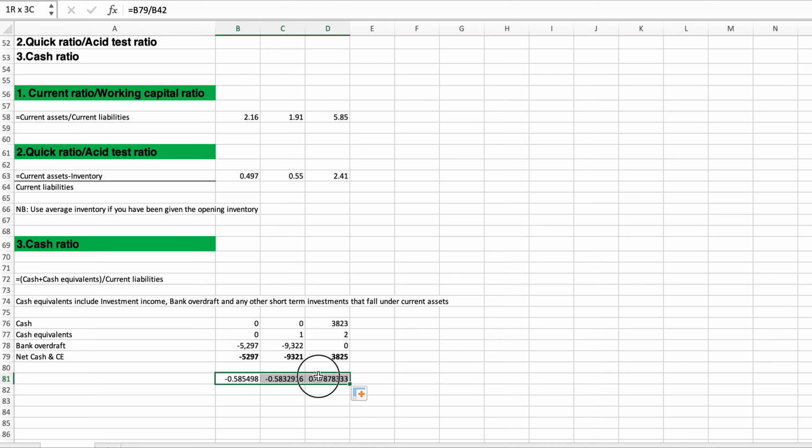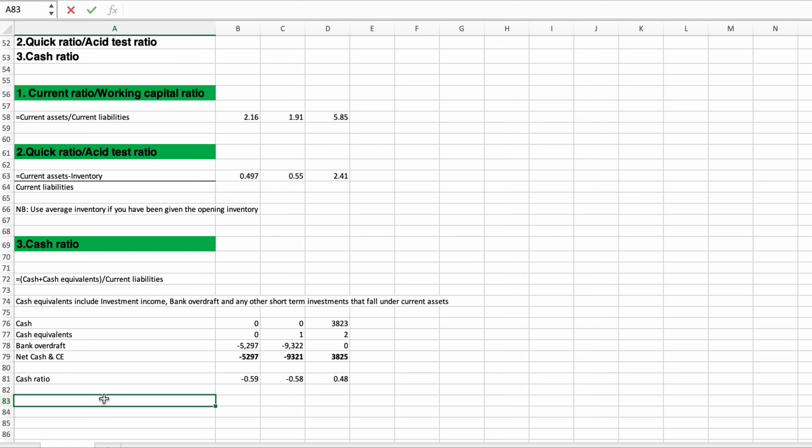So let me decrease the decimal points. So that's it. These are our cash ratios. So that's the formula for calculating the cash ratio. You will take the cash plus the cash equivalents, then you divide by the current liabilities, and there you are.